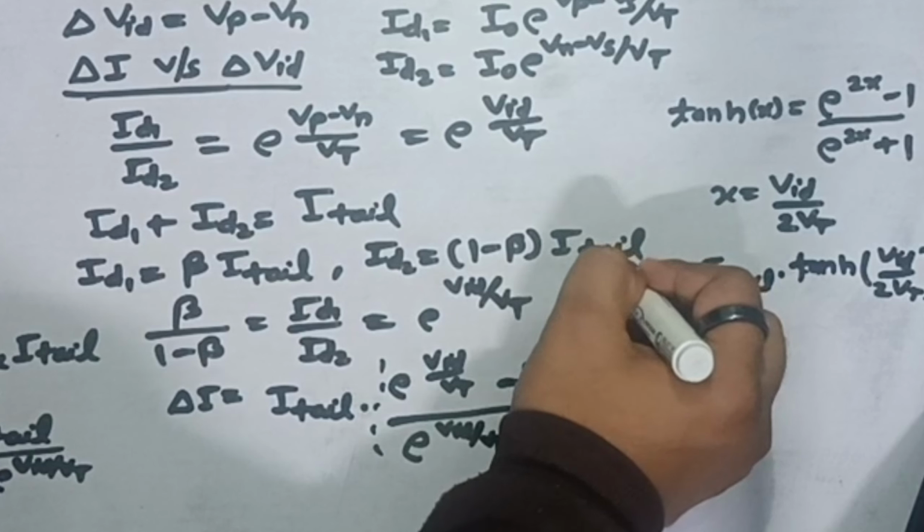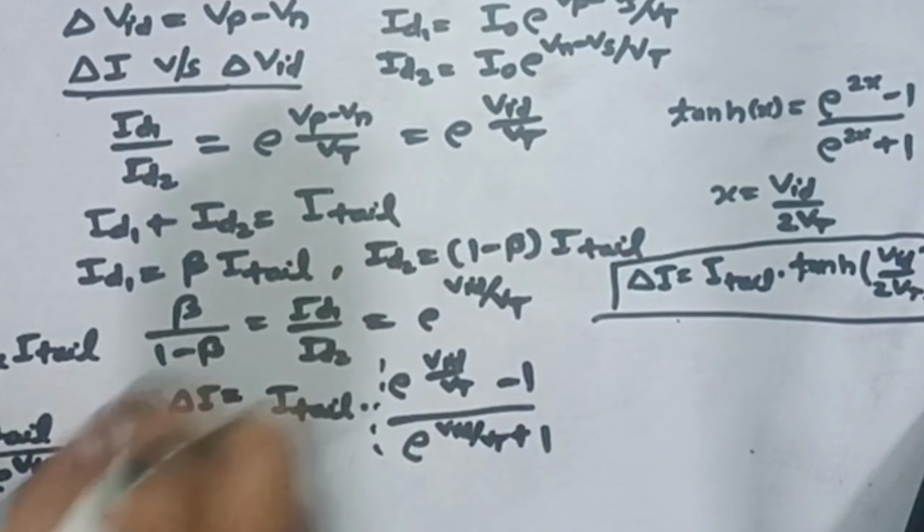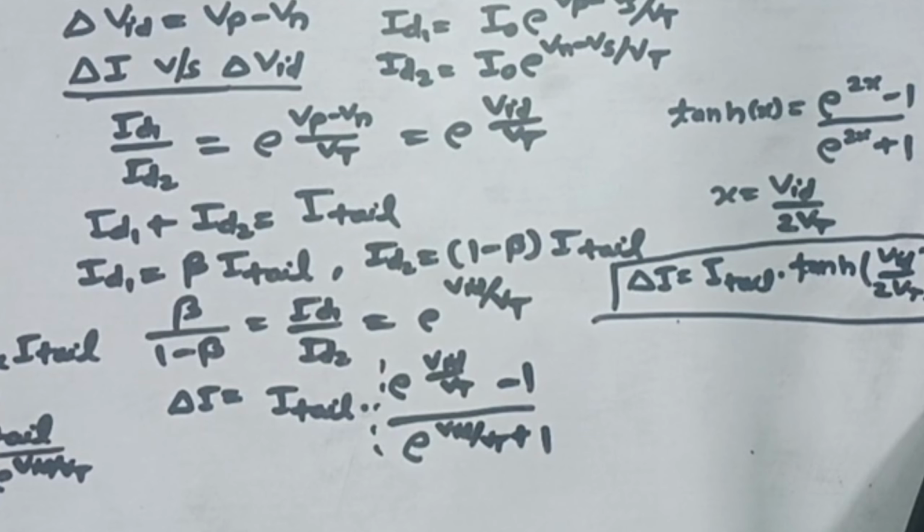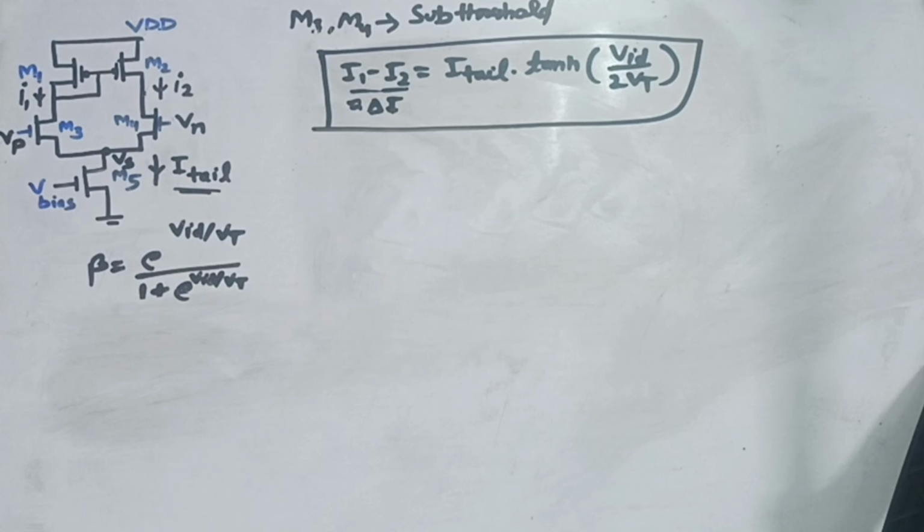This is the final value which we will get for this equation. Now we know the equation between delta I and delta VD, which was asked in this question. If we know this equation, we can simply plot the graph between delta I and delta VD. Let's plot that. This is the expression which we just now derived.